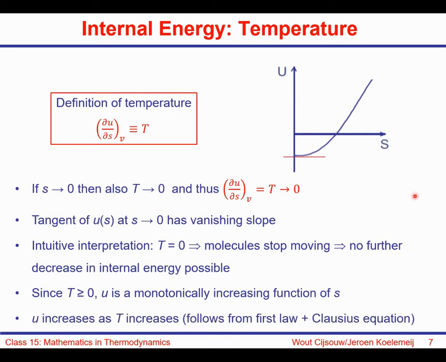And another thing we can derive, if we take the first law of thermodynamics and combine it with the Clausius equation, we can show that if you increase T, then this function U increases as well. So what does that mean? Well, if this curve here is for a specific temperature, remember temperature is fixed here. If we would plot the same curve but for a higher temperature, then the curve would be higher up here as well.